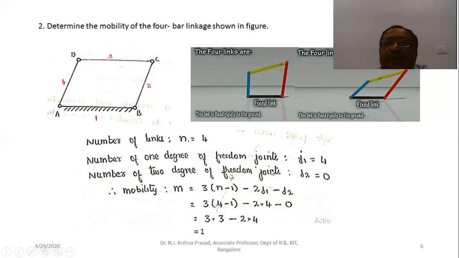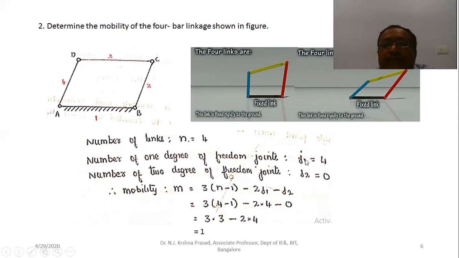And the number of 1 degree of freedom joints, at A, D, C, and B, is J1 equal to 4. There are no 2 degree of freedom joints, so the J2 value is 0.